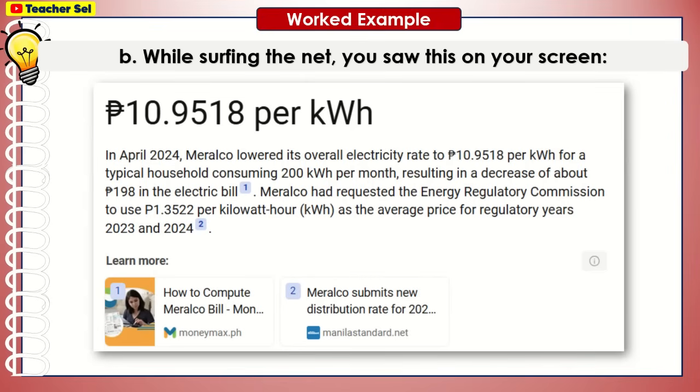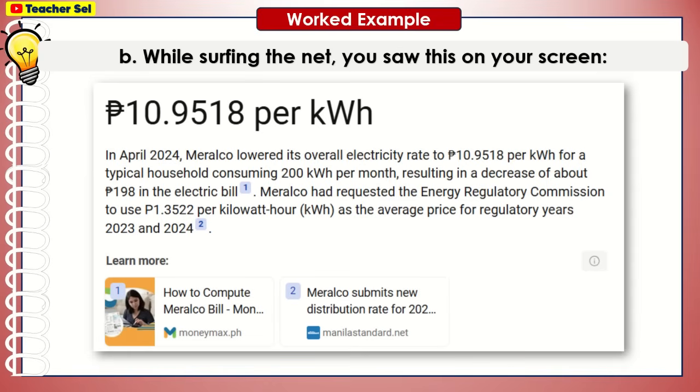While surfing the net, you saw this on your screen. 10 pesos and 9,518 centavos per kilowatt hour. In April 2024, Meralco lowered its overall electricity rate to 10 pesos and 9,518 centavos per kilowatt hour for a typical household consuming 200 kilowatt hours per month, resulting in a decrease of about 198 pesos in the electric bill.